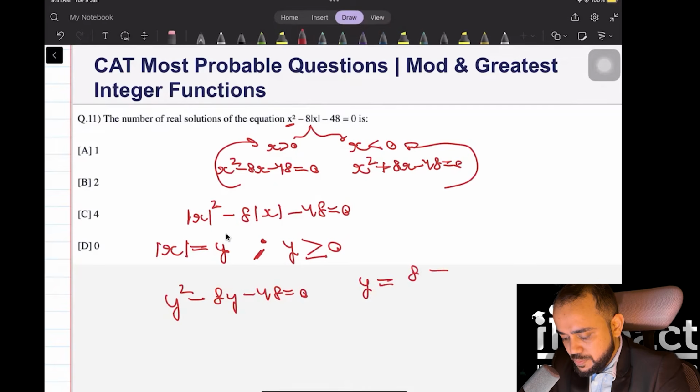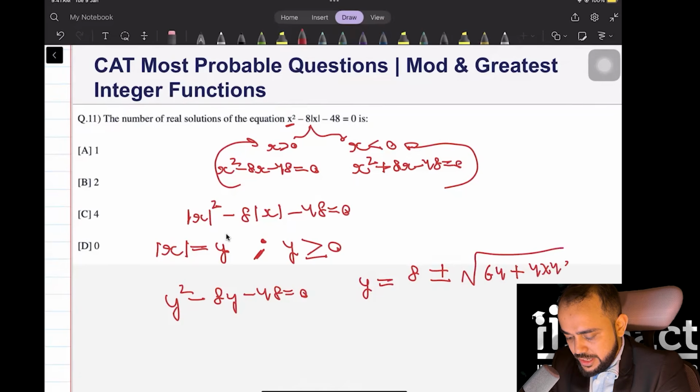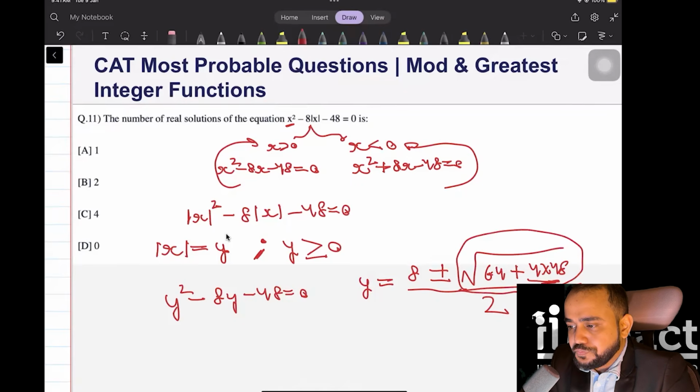Y is equal to 8 plus minus under root 8 square, 64, plus 4 into 48, divided by 2. Now it is very clear that 64 plus something and then I'm taking under root, this whole thing will be greater than 8. So 8 minus something greater than 8 will give me a negative y, which is not allowed.